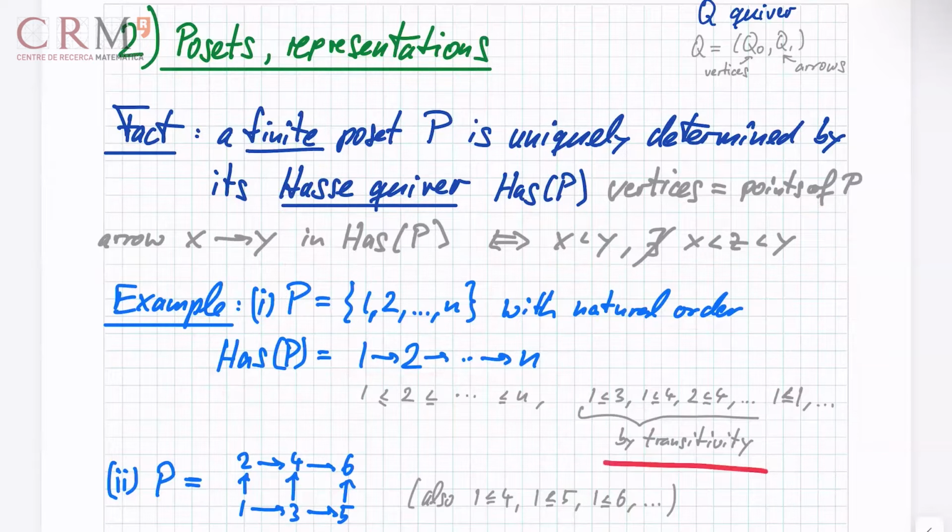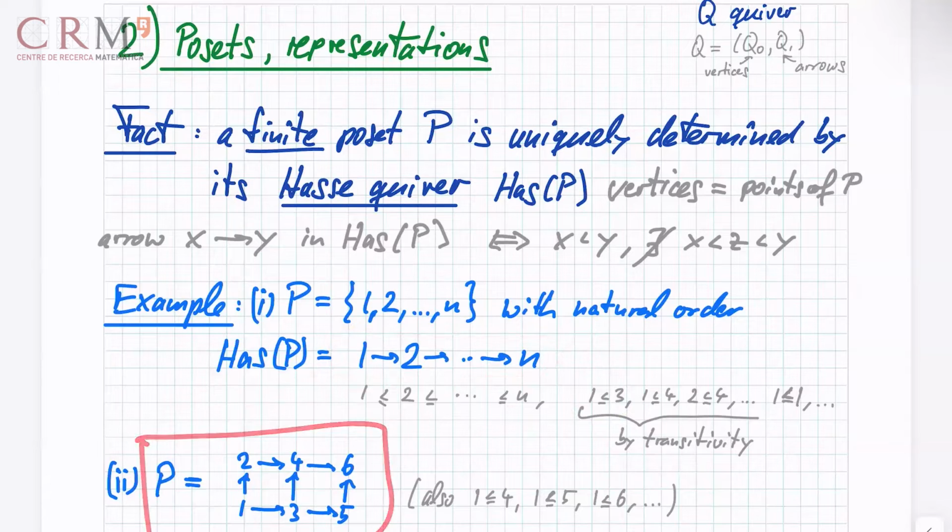There are more order relations, like if 1 is smaller than 2 and 2 is smaller than 3, 1 would also be smaller than 3. But in the Hasse quiver, we do not draw this information. I mean, this is encoded in the transitivity. We don't need that. So we just draw the minimal necessary information, those order relations.